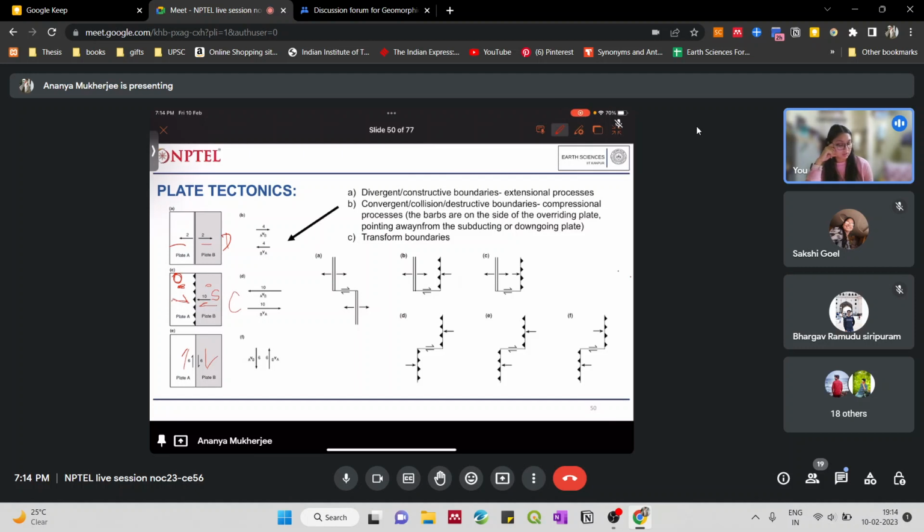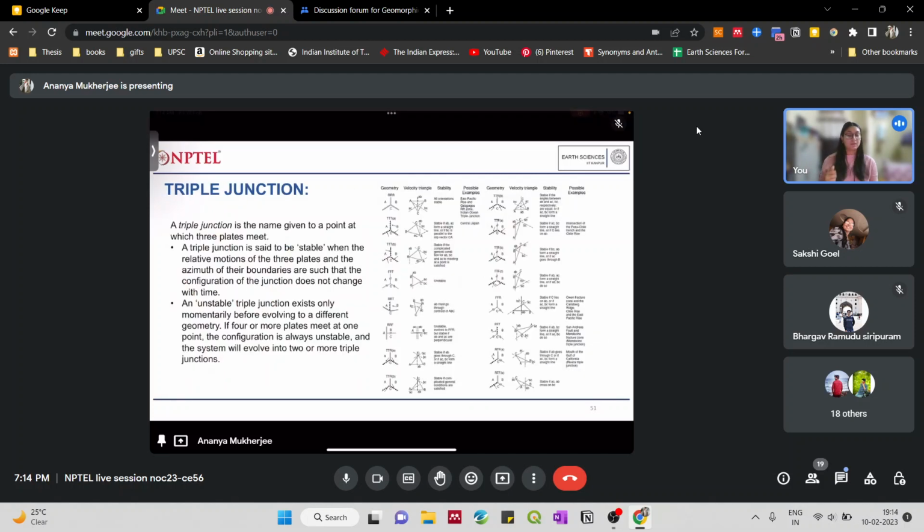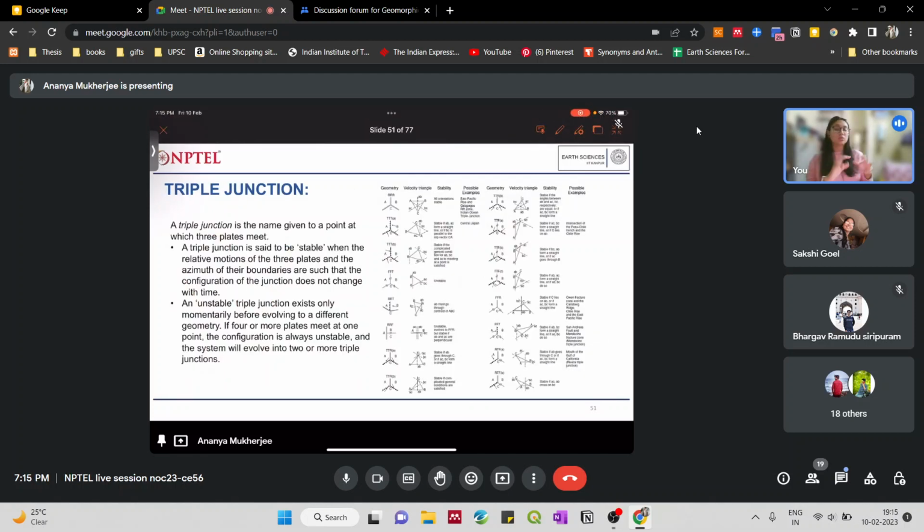Based on the different kinds of plate boundaries and how they are forming, suppose there is a point where you have three plates, okay. Three plates can meet at one point. That point is called a triple junction, okay.